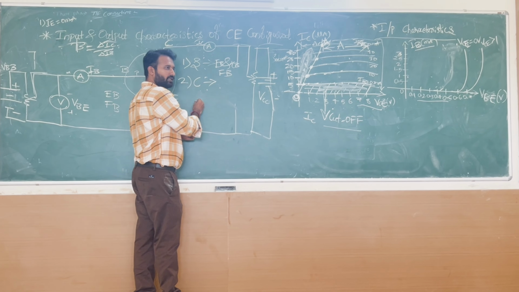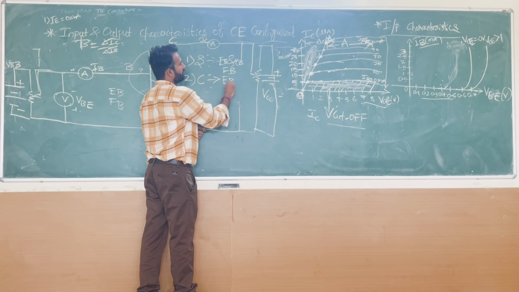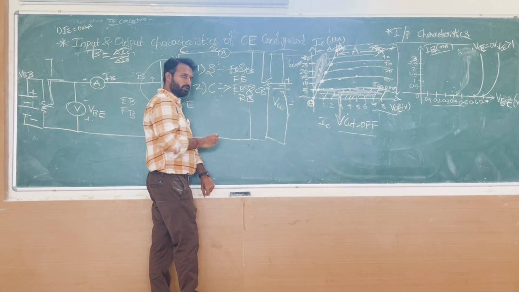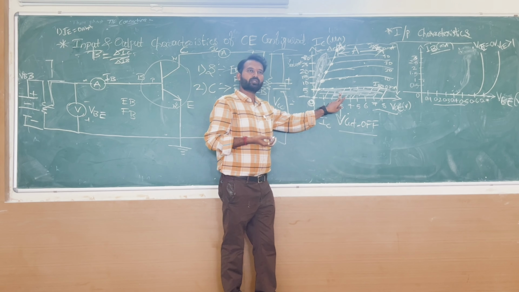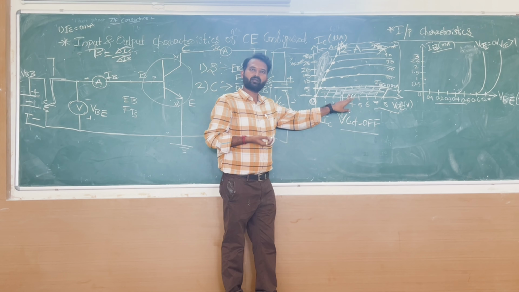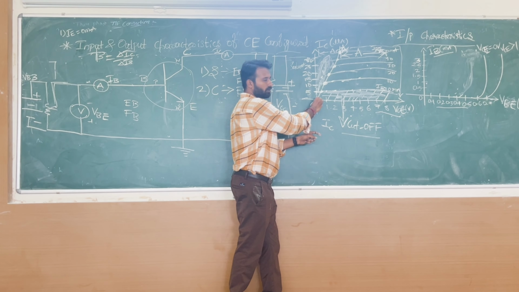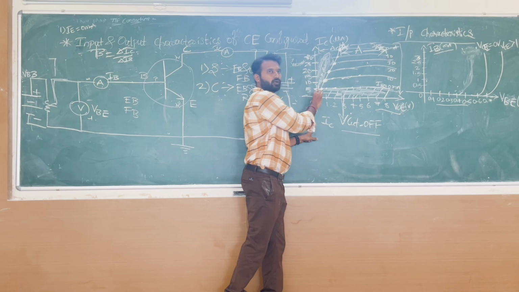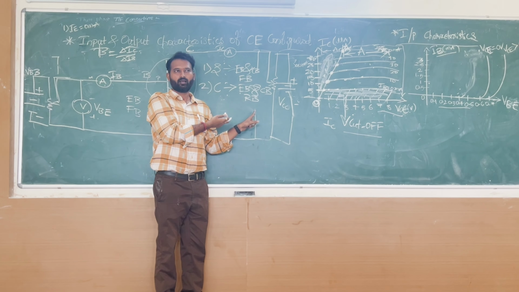Another definition: in this region, both the emitter base and collector base junctions are under reverse bias. Why? IB is 0 and IC is also 0. That's why both junctions are under reverse bias.